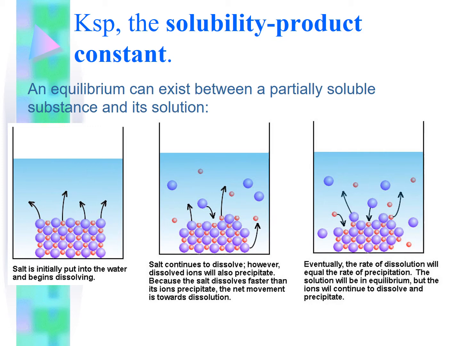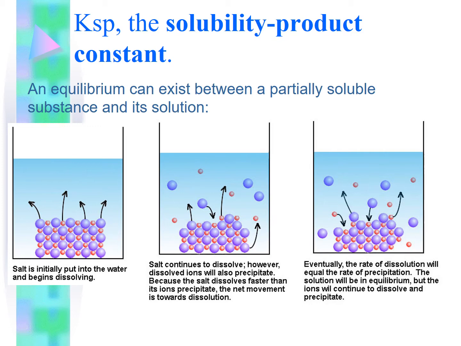They're moving into the solution, and we're going to have way more ions going into the solution and dissolving in the water than that movement towards precipitation, because some of those ions are still going to come together and stick together and precipitate at the same time. There's an equilibrium between the two happening.